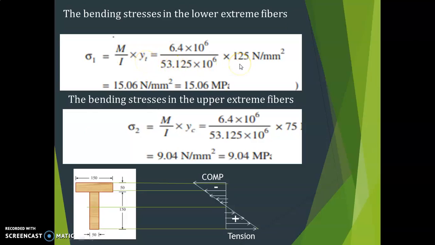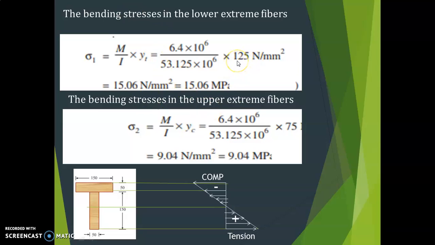So here I have written YT. You have to consider Y from the bottom. So use M is equal to 6.4 into 10 raised to 6 divided by I, 53.125 into 10 raised to 6, into Y. Now YT means the tension zone, so you have to consider Y at the bottom.